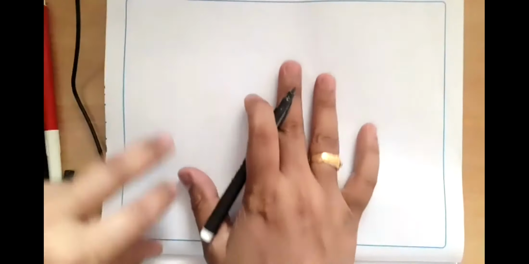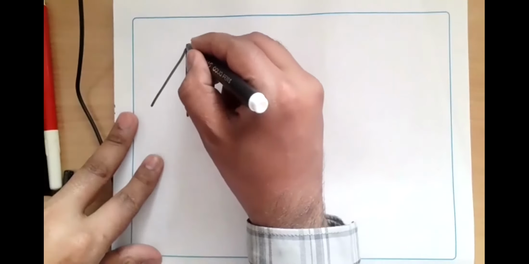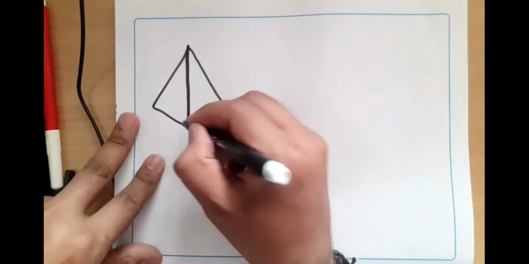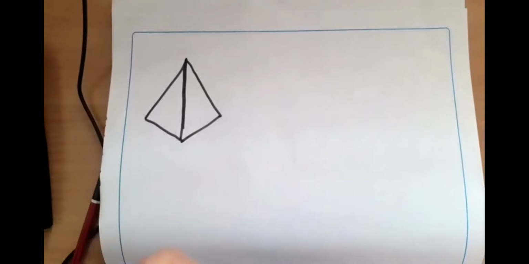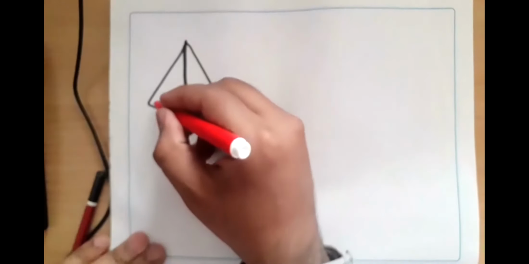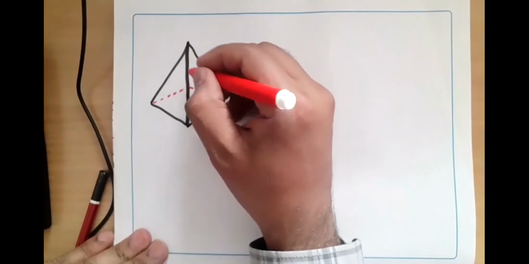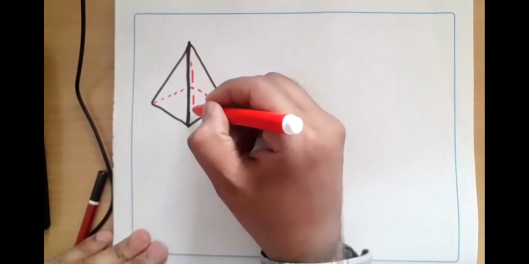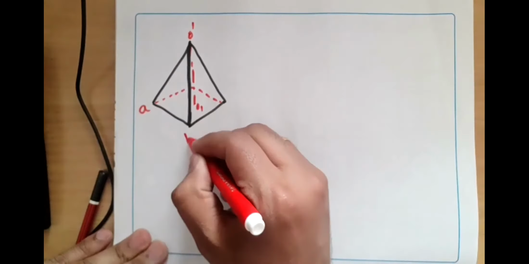So in the same way we'll see how a pyramid can be drawn. I'll just represent a pyramid and how to represent a pyramid. For understanding purpose, I'm going to represent O dash.